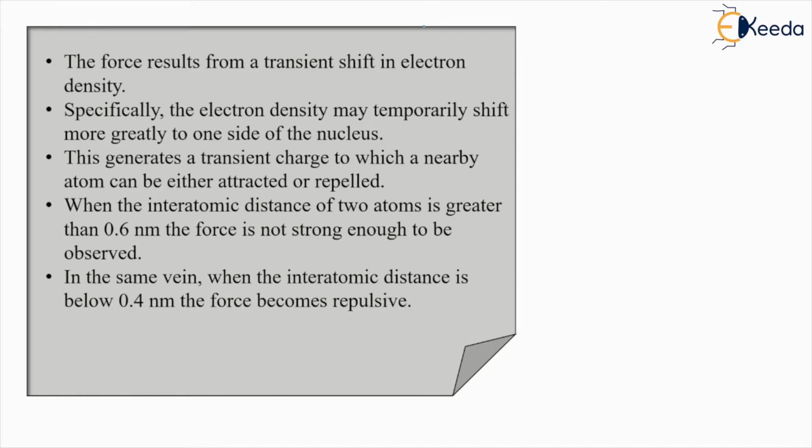This generates a transient charge, which is nearby an atom, can either be attracted or repelled. When the interatomic distance of two atoms is greater than 0.6 nanometer, the force is not strong enough to be observed. In the same vein, when the interatomic distance is below 0.4 nanometers, the force becomes repulsive.